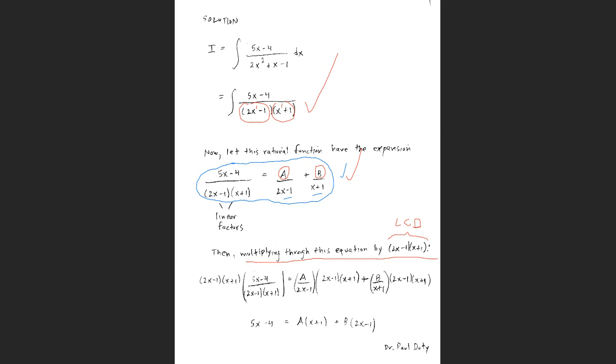That's right. So we're going to get some simplification here on the left, and that's going to leave me with 5x minus 4 on the left. And then on the right-hand side, let me be careful here. I don't really need this parenthesis there. That should be a small parenthesis.